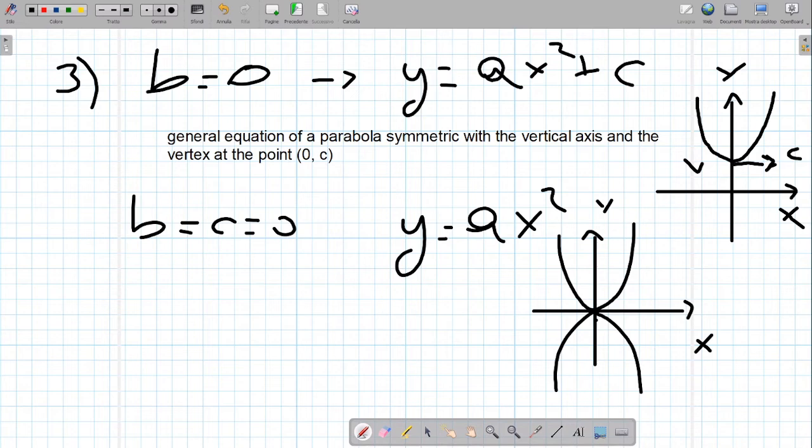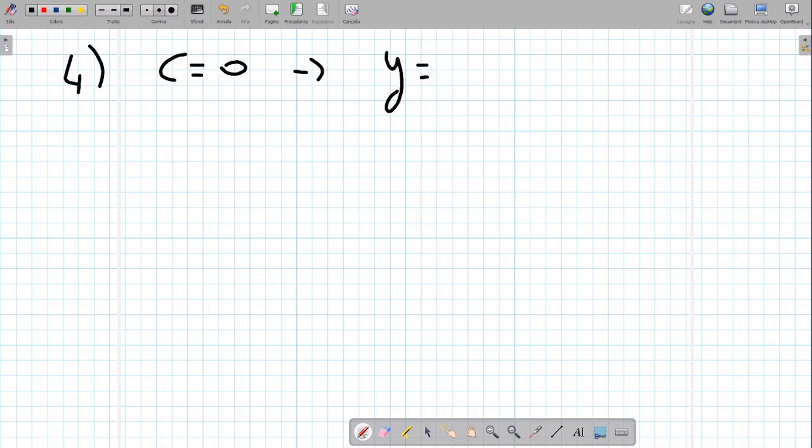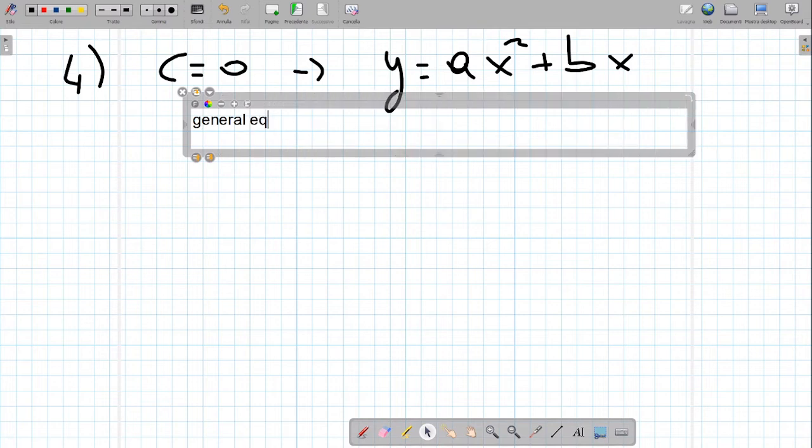Last case before going to the more general one is if c is equal to 0, then the parable will become y equal to a x power 2 plus bx, and this is the general equation of a parabola passing this time through the origin.